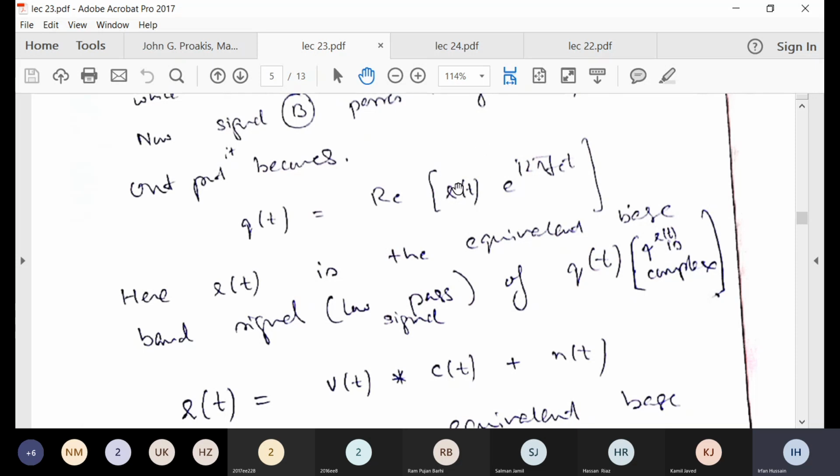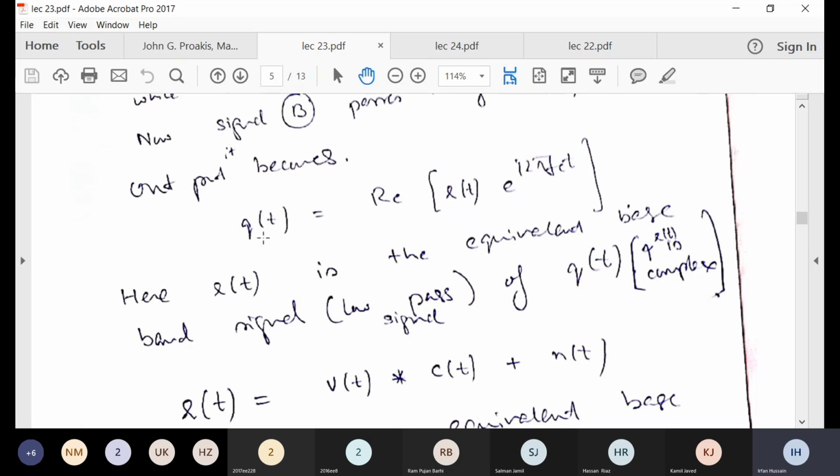Okay, again the received signal is actually, you can say, the high pass version of this low pass. What is R(t)? R(t) is the low pass equivalent of your Q(t). Q(t) is your high pass transmitted signal when it passes through the high pass channel filter or your band pass channel filter response, okay, you get an output.